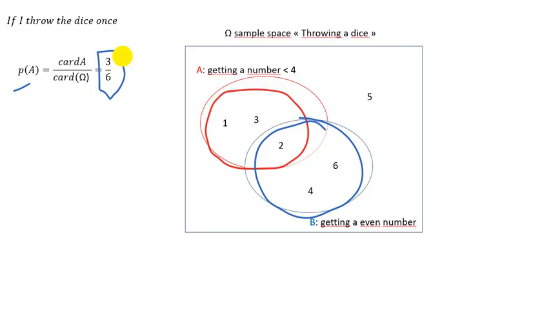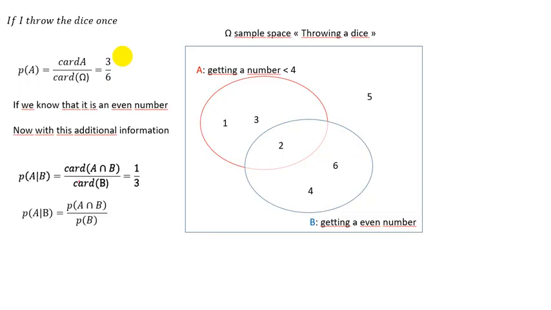Now the question is, imagine I have additional information. So let's say, for example, this A, we are looking for a number that is less than 4, but imagine I know the information that it is an even number. I tell you this is actually an even number.